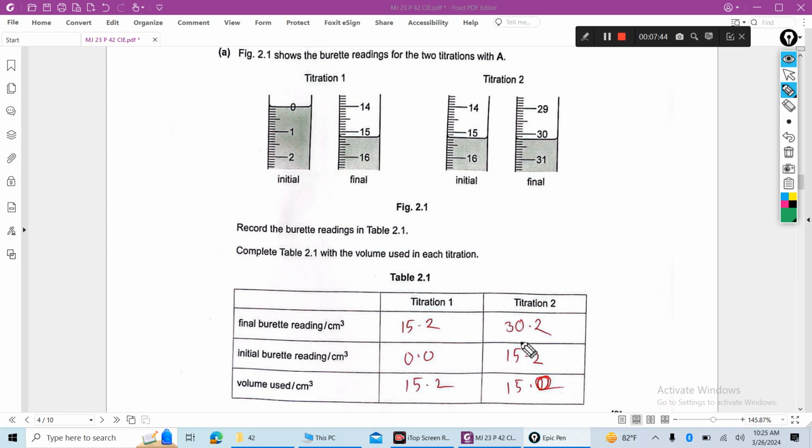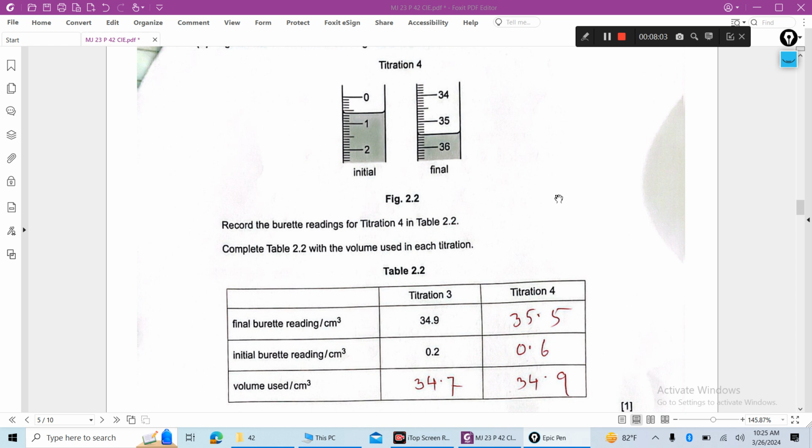So if you subtract final burette reading minus initial burette reading, you will get 15.0. These are the 2 titration readings.